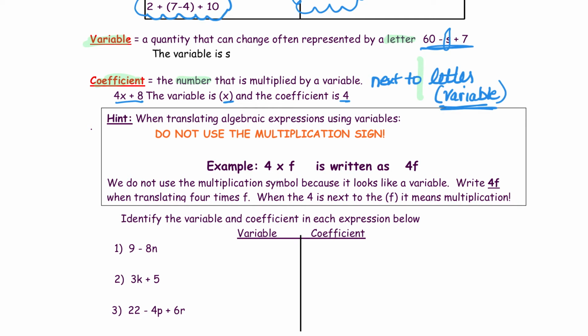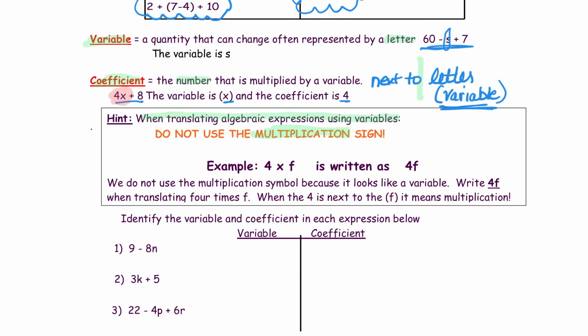Here's a hint. When translating algebraic expressions using variables, do not use the multiplication sign. If you notice in the example above, it shows 4x plus 8. Notice there is no extra multiplication symbol.